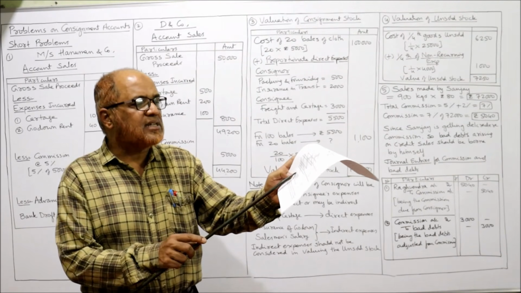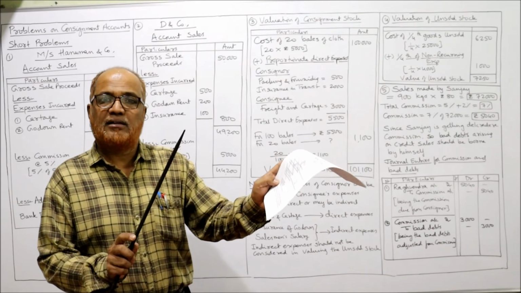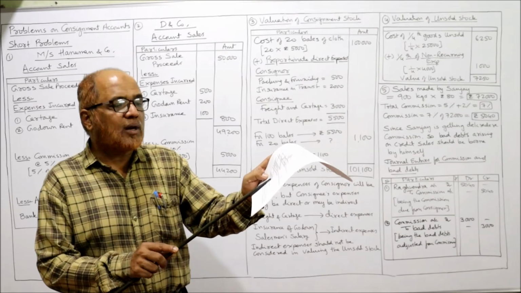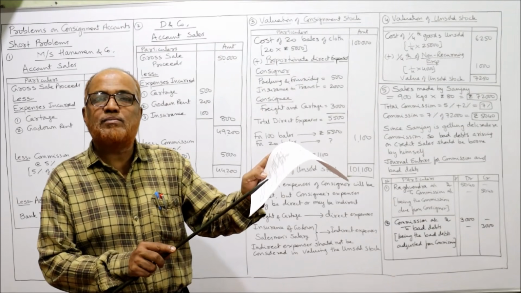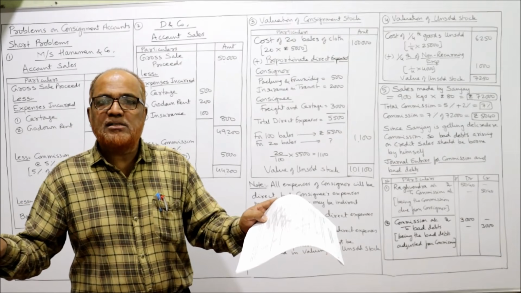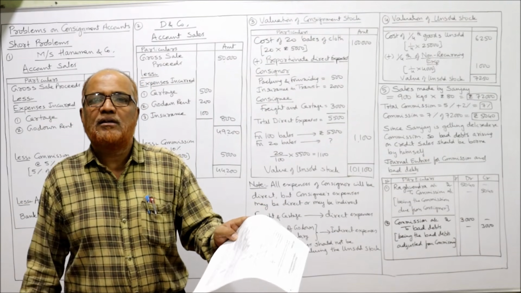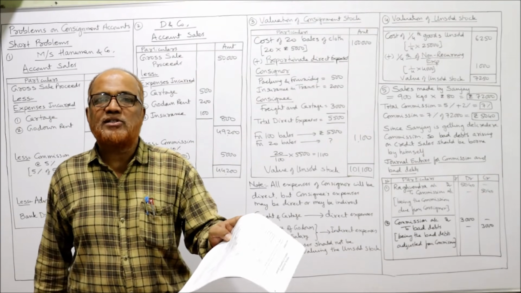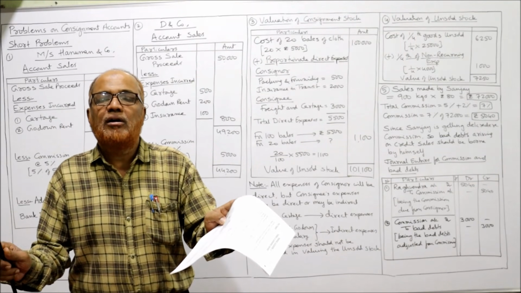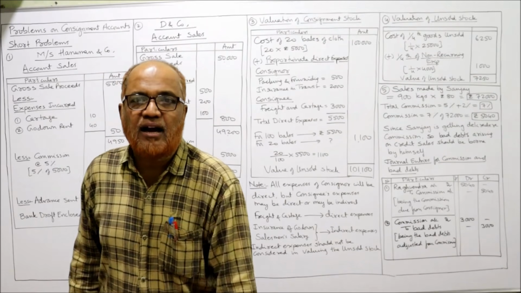And consignee expenses are freight and cartage 3,000. That is direct. And insurance of godown and salesman's salary are indirect. Godown insurance and salesman's salary are recurring expenses. It is indirect expenses. This should not be taken. So consignee expenses, only one item is taken, freight and cartage.